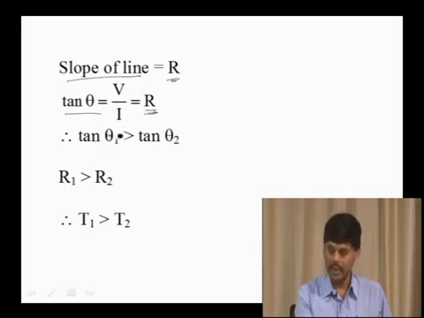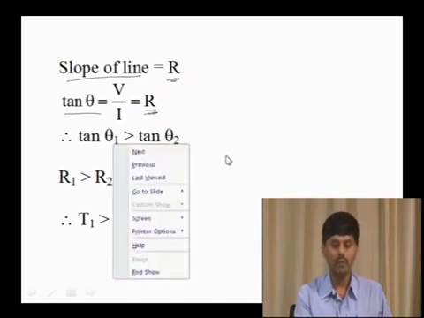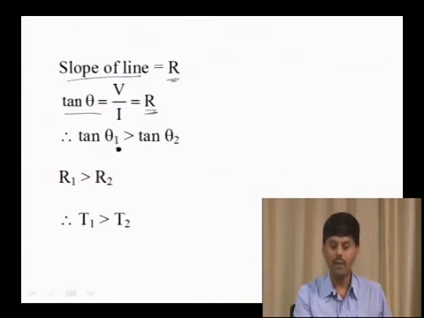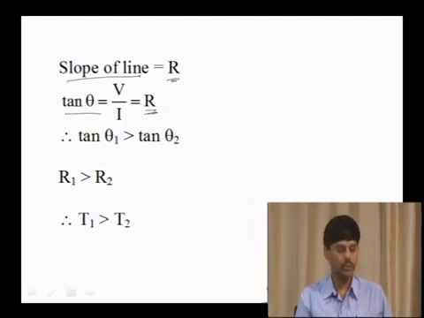According to the tan theta value, if theta is more, then tan theta value is more. Therefore, from the diagram theta 1 is more, theta 2 is less. Therefore, tan theta 1 is greater than tan theta 2. Similarly, it is directly proportional to tan theta, so R1 is greater than R2. The one which has the higher temperature definitely has the higher resistance. Therefore, T1 is greater than T2. The correct option for this question is B.